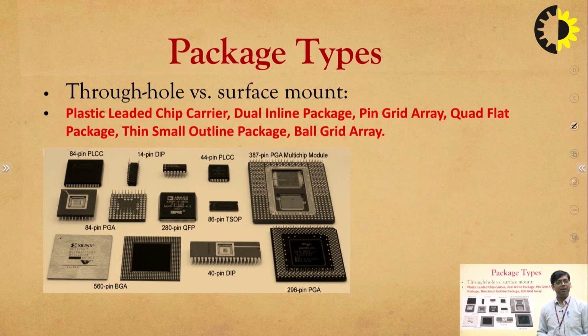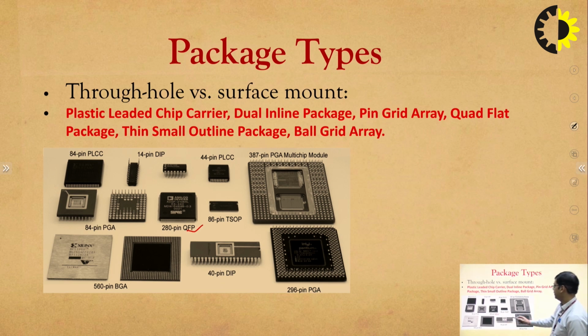Some of the very popular package types are graphically shown here for the understanding. Here we can see we have an 84 pin PLCC, plastic leaded chip carrier package. Then we have this dual inline package. Then this is our quad flat package.